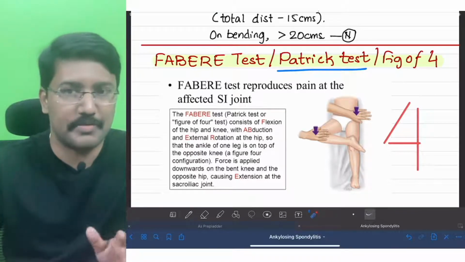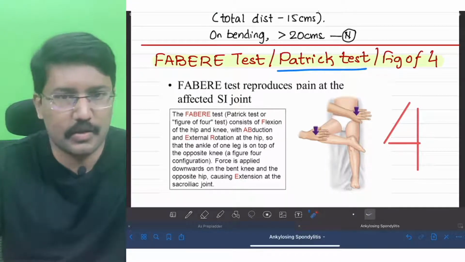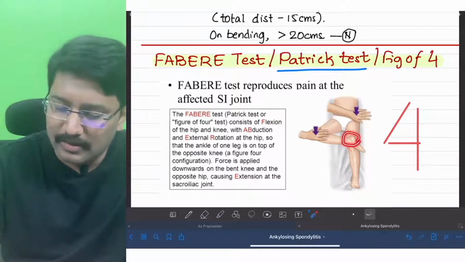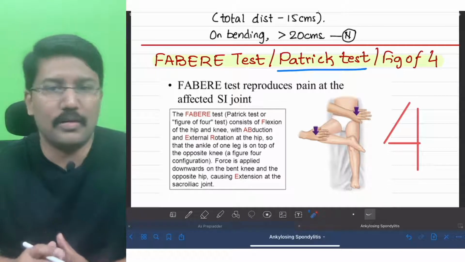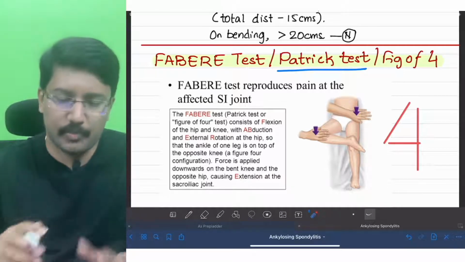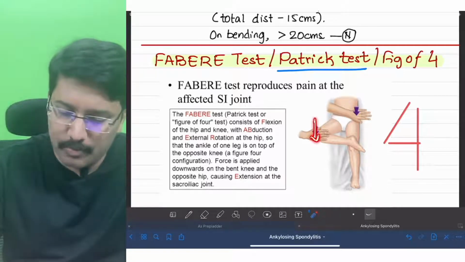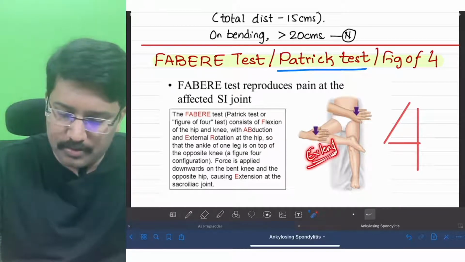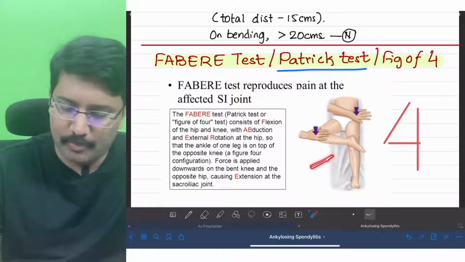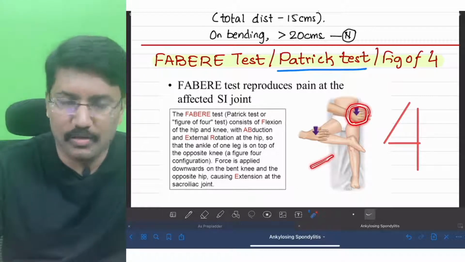These are the steps behind creating this figure of 4. So the ankle of the side being tested rests on the opposite limb, and we apply pressure. This pressure extends the hip joint, and we are also applying pressure on the opposite hip.